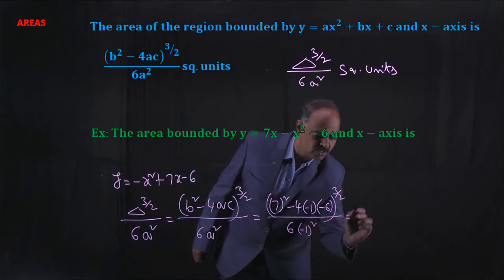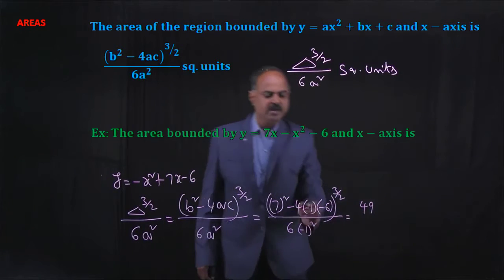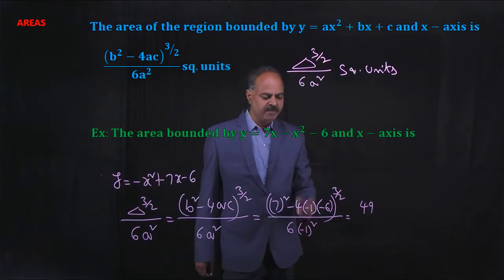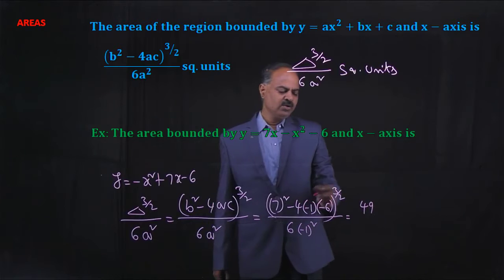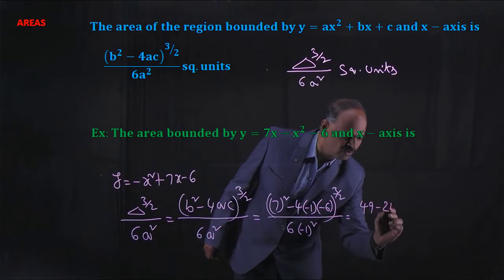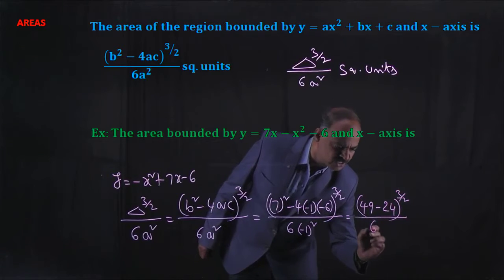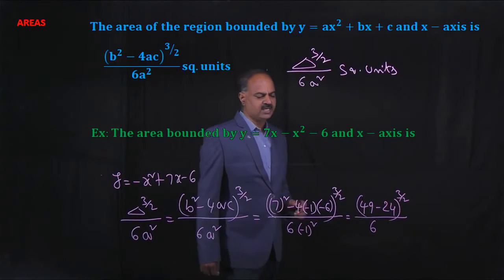Now this is equal to 49, minus into minus will become plus, into minus, that is minus, 4 into 6 is 24, so 49 minus 24, whole to the power 3 by 2 by 6 into minus 1 whole square, that is equals to 1.